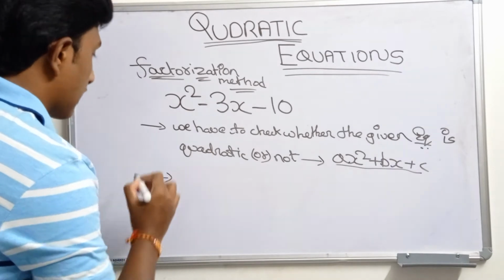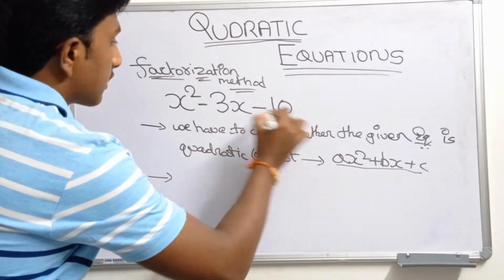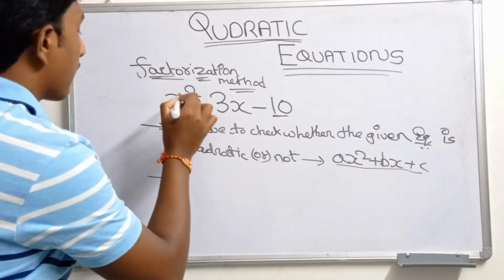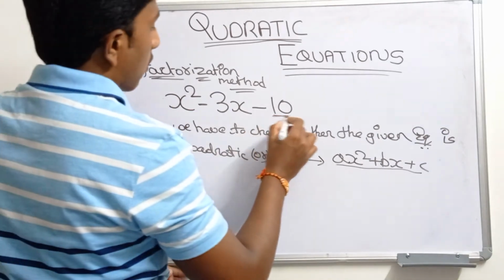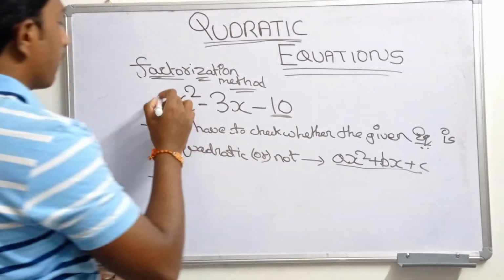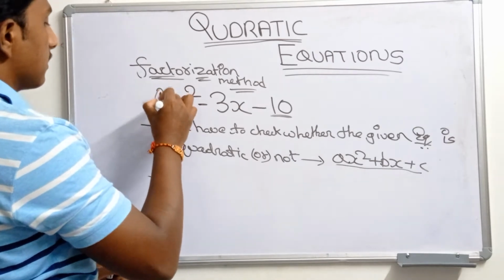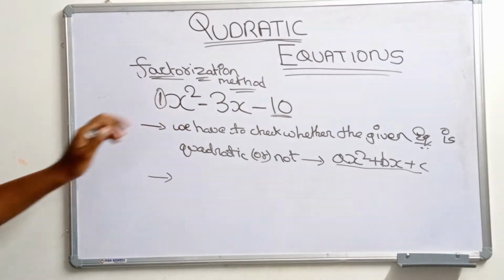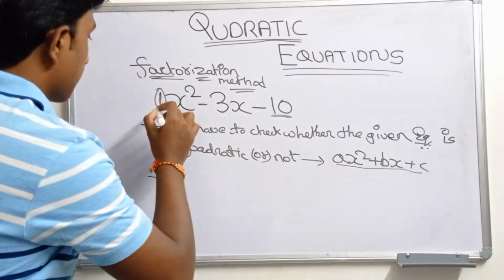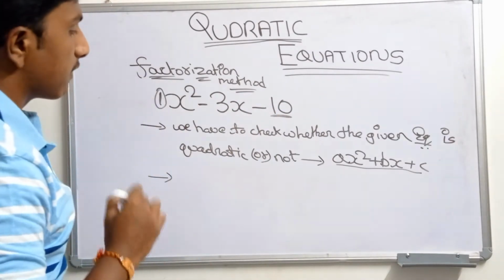Moving to the second step, you have to multiply the constant term and the coefficient of x square. Here nothing is written, so we can take it as 1. See, guys, x square minus 3x minus 10 is the given equation.